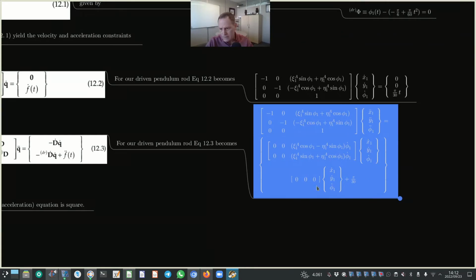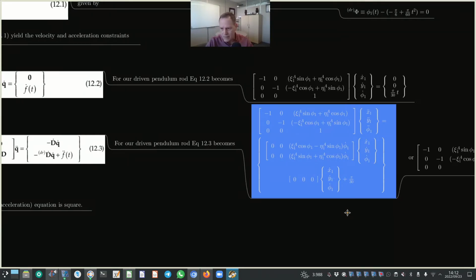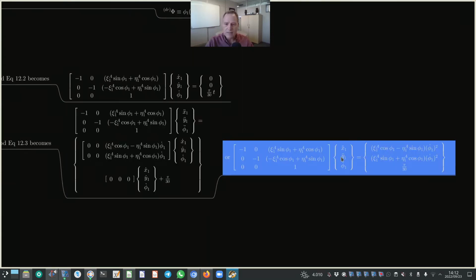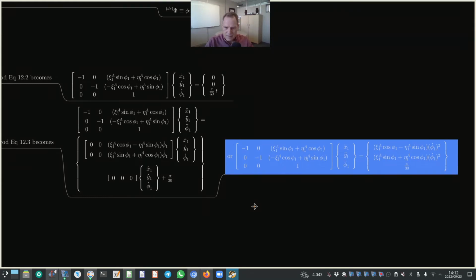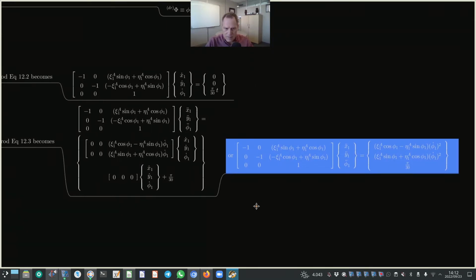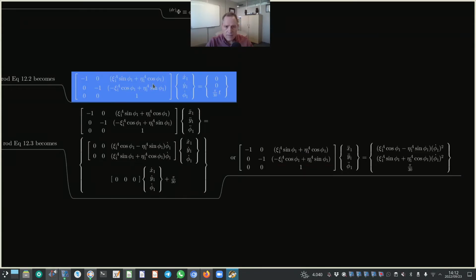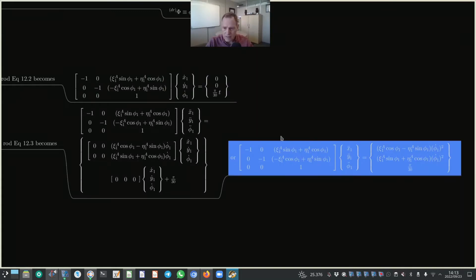This is given in expanded form, and you can simplify it to what you see on the screen over here. Now this matrix on the left is referred to as the Jacobian matrix, and you will notice for the velocity constraint equations, that very same Jacobian matrix also appears on the left, as with the acceleration equations.